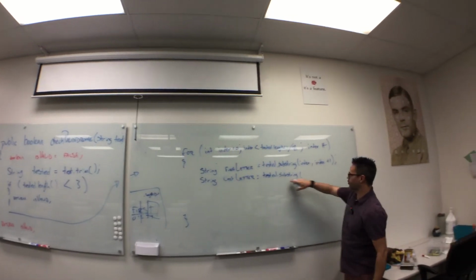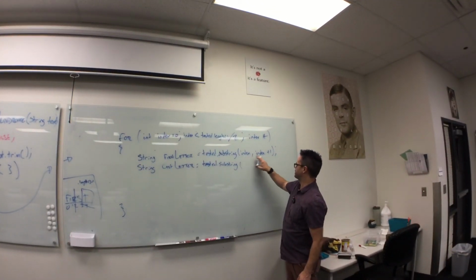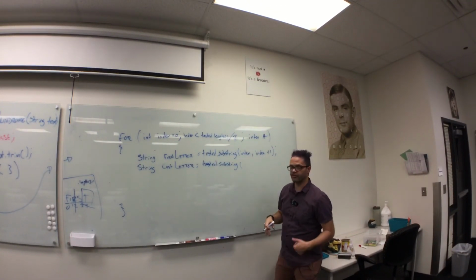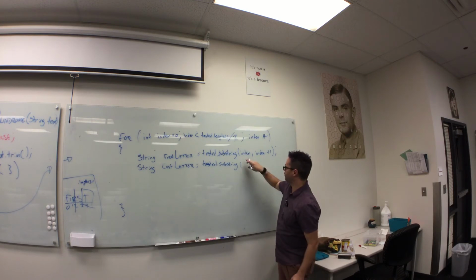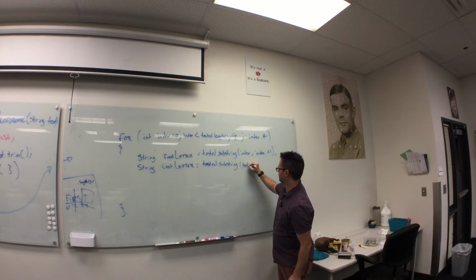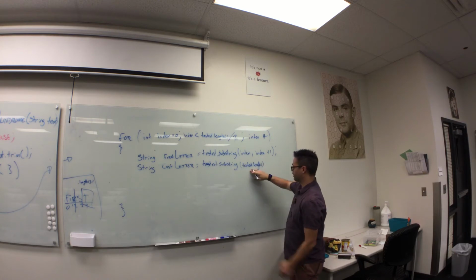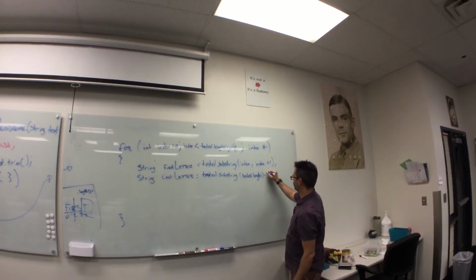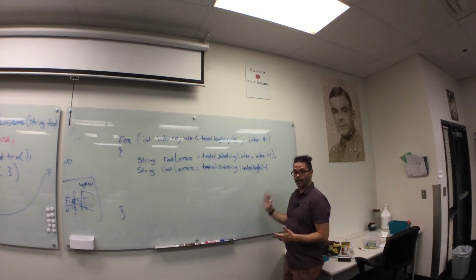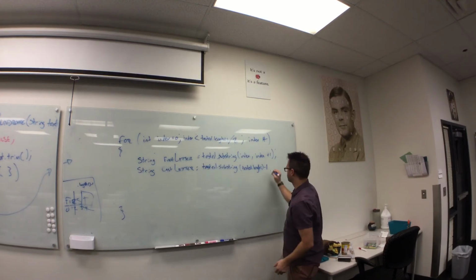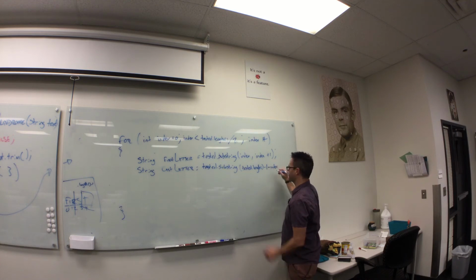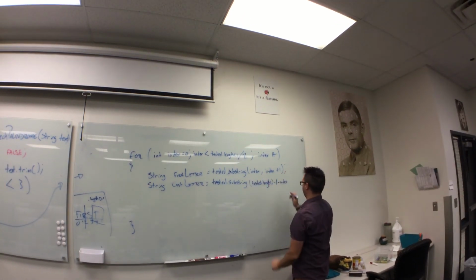And this time, in substring, instead of starting at index and index plus 1, we need to ask it for the length spot. So I'm going to get the tested dot length. And then that gives us that big number, but then we have to minus 1, because we want to go back, because we have to remember we have to go back before it. And then minus the index, where I'm starting right here, so I can make sure I shoot in each time.